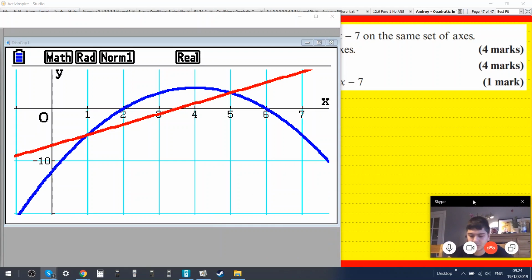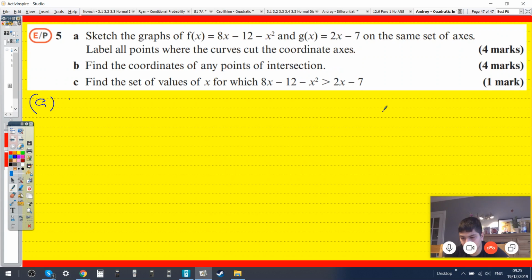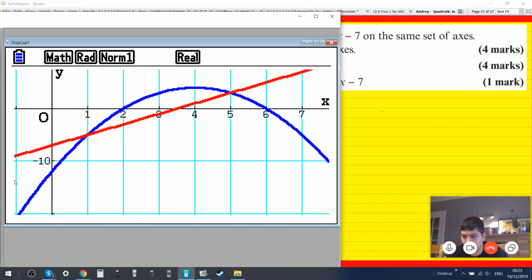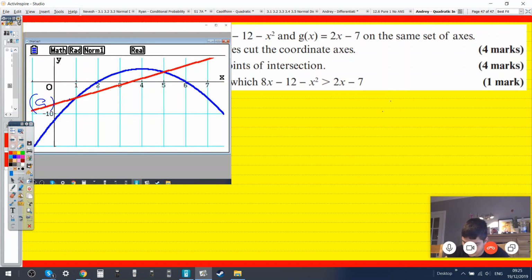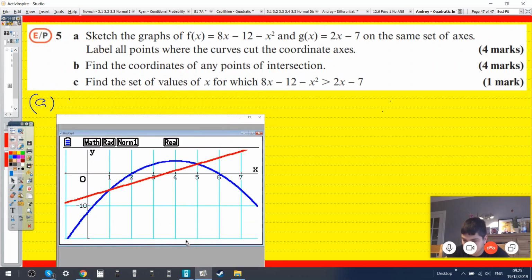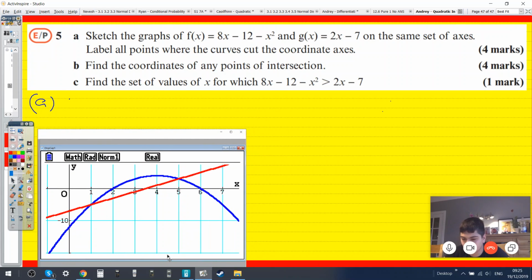So do I just have to draw an x-axis and a y-axis? Yep. And then x goes on the x-axis from like -4. Well, basically just from 0 to... I'll just say from like -4 to 7.